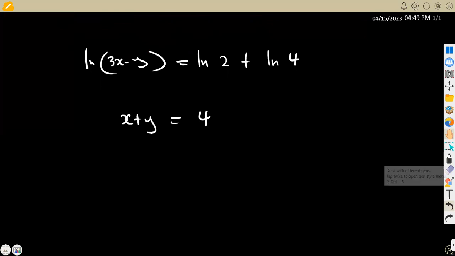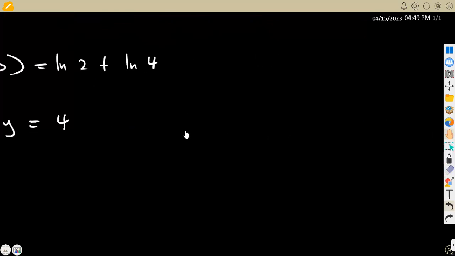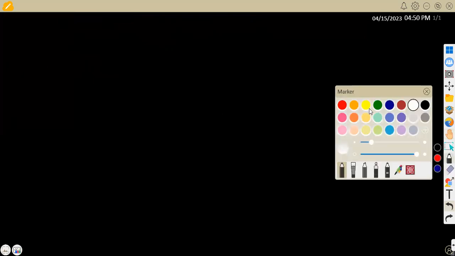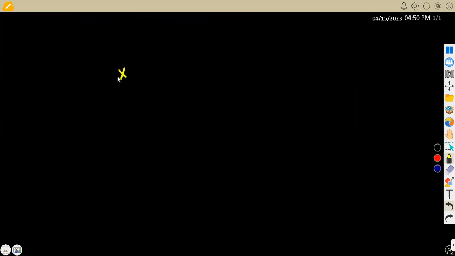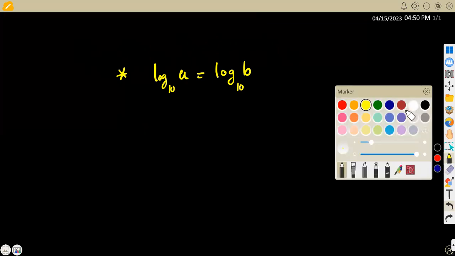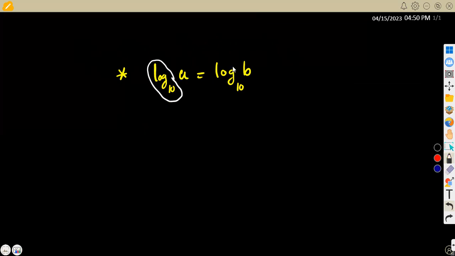I want you to understand something here. If you are given logarithms, it is very important, as we talked about in O-level mathematics, that if the bases are the same, let's say base 10, and log of a base 10 is equal to log of b in base 10, then a is equal to b.